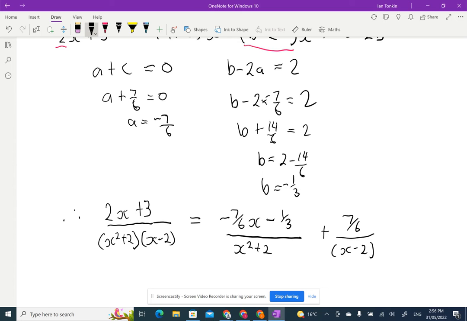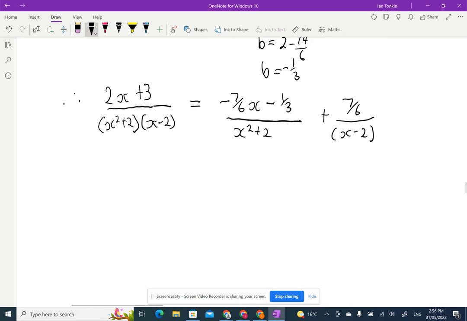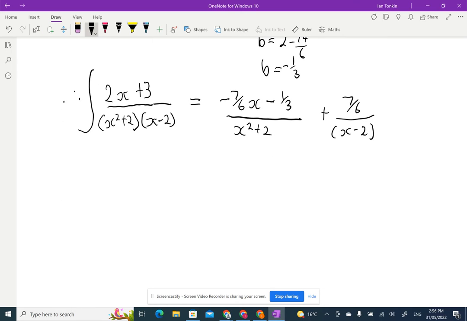Now remember, the whole point of this is to integrate. So here we go. If I'm going to integrate this, I can integrate these two bits separately. So what am I going to do? Well, let's just take the first one. I'm going to split that again.